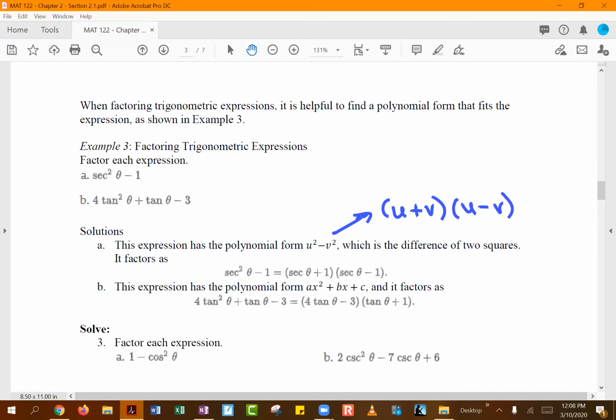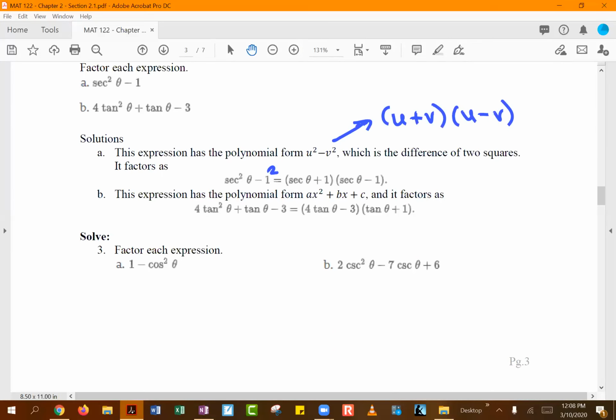So what we're actually doing is thinking of that 1 as 1 squared. So then you're doing secant of theta plus 1, secant of theta minus 1. And basically all they want us to do is factor these expressions.